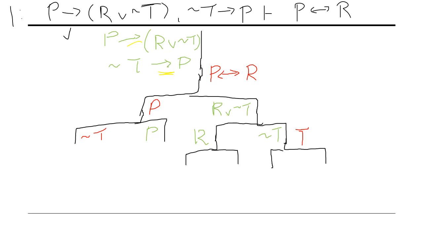So we repeat the same thing: not T, not T, P, P. We have to flip this T across.